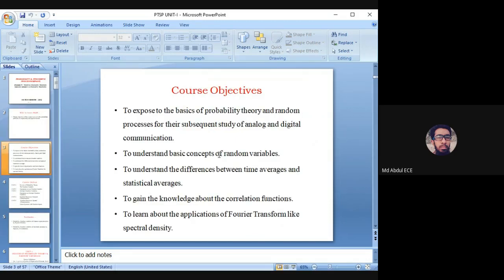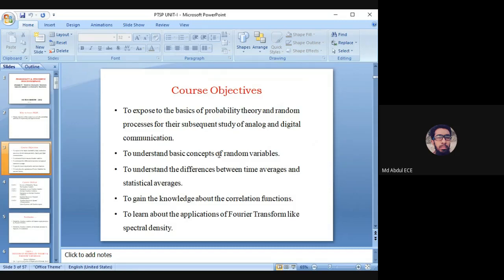So let us go for the next slide, that is the course objective. As I said, we already know the main objective. Now we'll see the course objective for the subject, which you can watch on this slide.